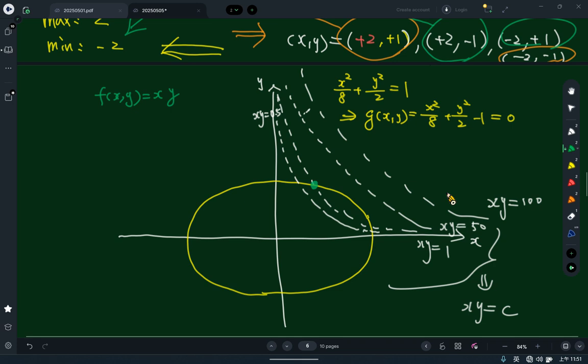Why 1? Because this point, SY is equal to 1, is just passing by, right? Maybe you cannot exactly know what the point is, but since it's on SY equal to 1, the return value should be 1.